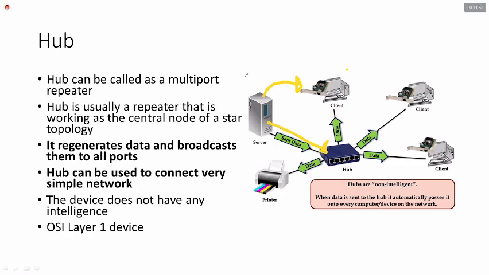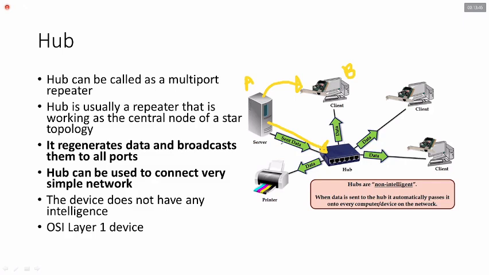Let's say A is going to send it to B. In the packet or the frame, the server will put the next hop as B, because the immediate next stop should be B. So the data should go from the hub to the client B.